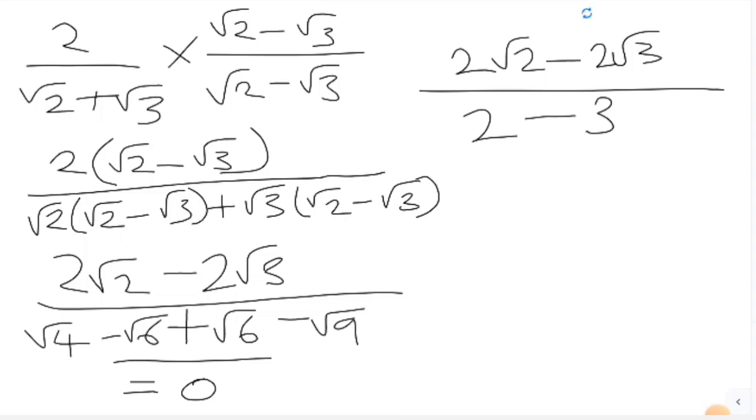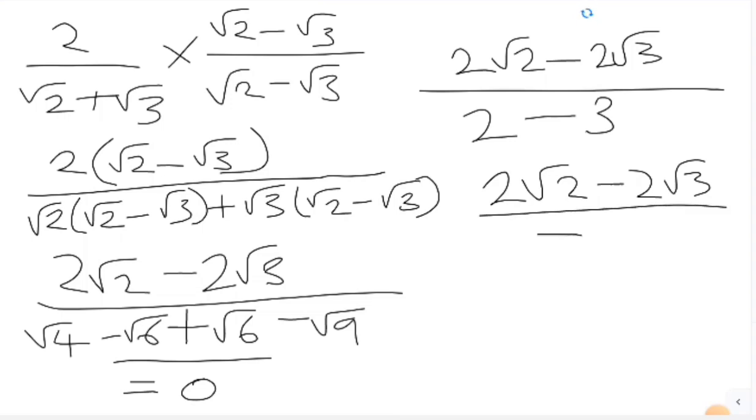Now our next step would be to simplify it further. So I'm rewriting 2 root 2 minus 2 root 3. Now 2 minus 3 will give a minus 1.